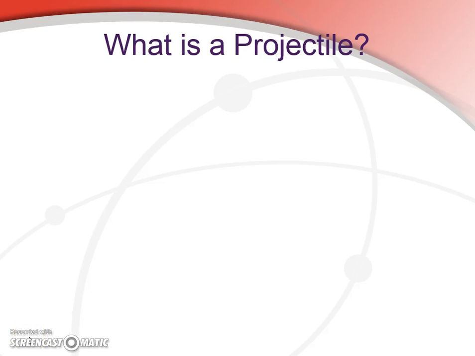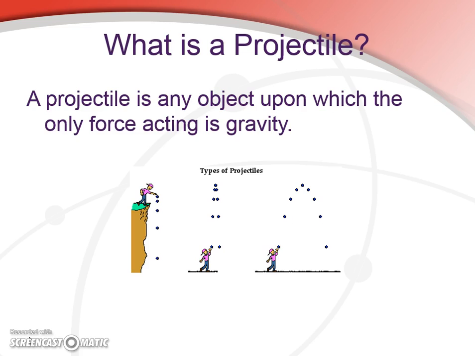Okay, welcome back. So, you may have come up with a certain kind of definition of a projectile. From a physics point of view, it's any object upon which the only force acting is gravity. Now, this is an interesting designation. What does this mean?